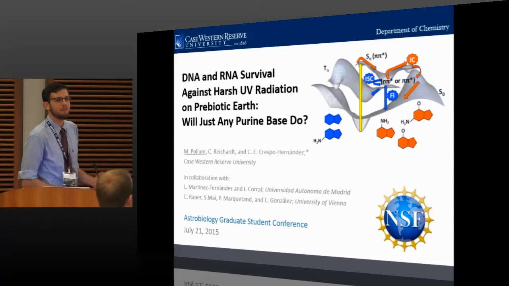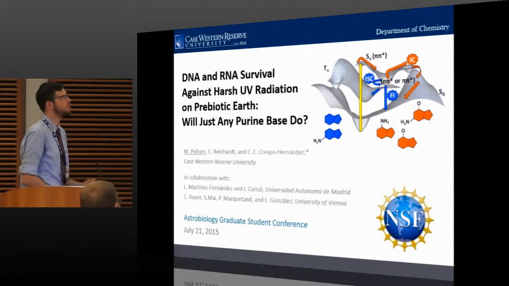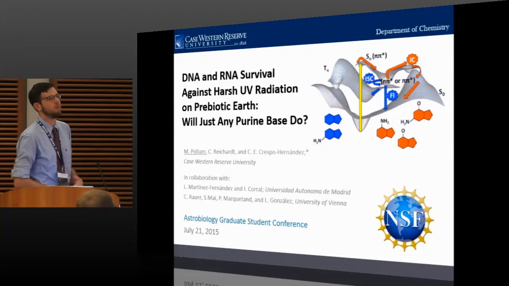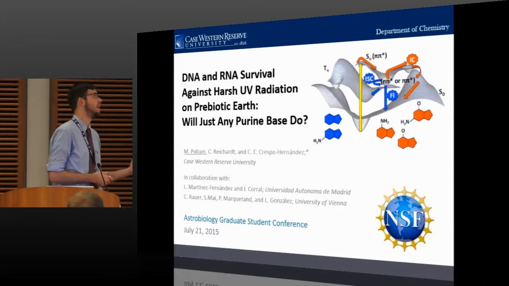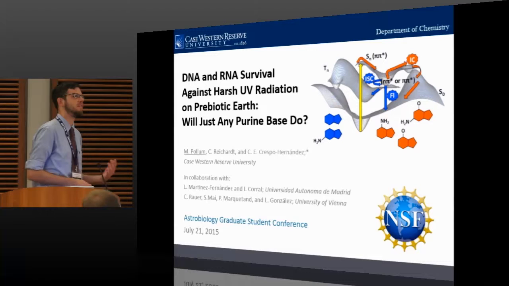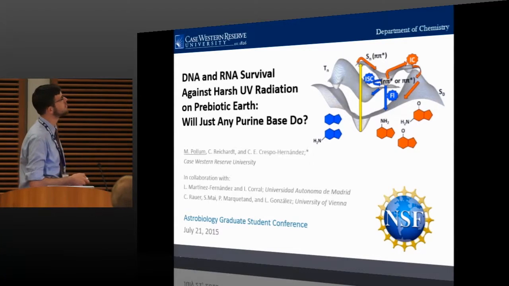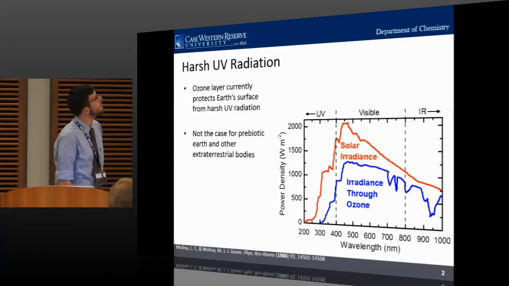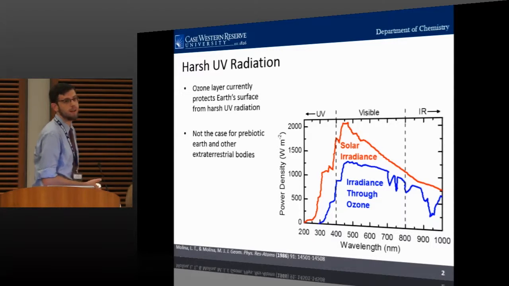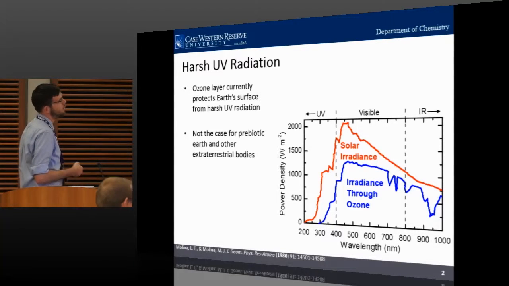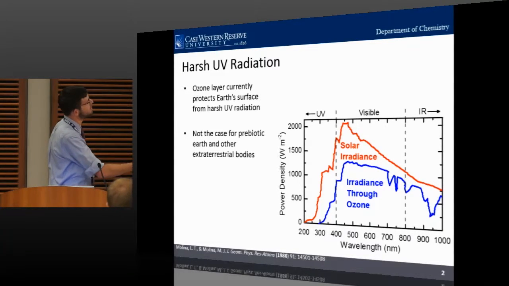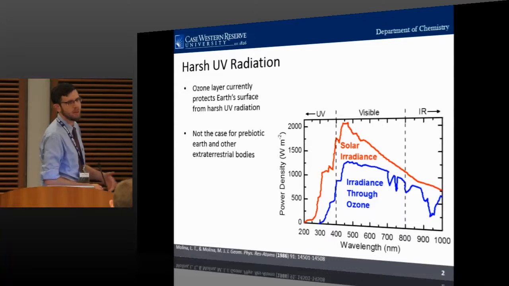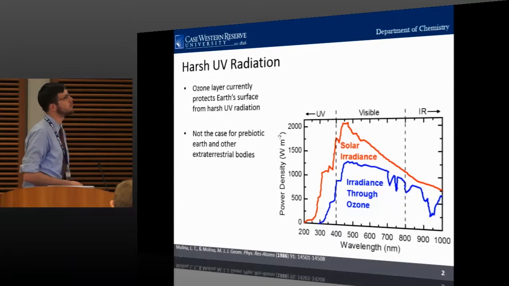Yeah, so today I'm going to talk, I think Samantha touched on it a little bit, about looking at the possibility of non-canonical DNA bases and the evolution of DNA bases. So the harsh UV radiation that I mentioned is possible because right now on Earth we are protected from harsher UV radiation by the ozone layer, reflecting and absorbing some of it.